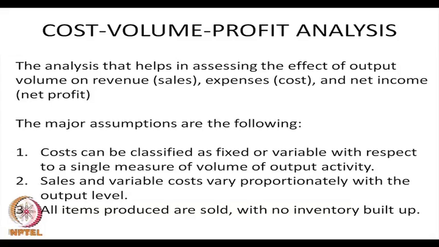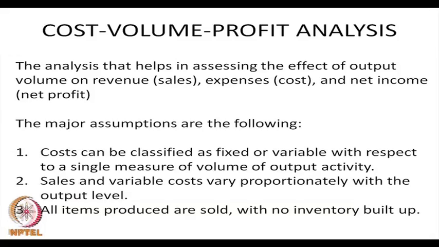Here we make certain major assumptions. One, that the costs can be classified purely as either fixed or variable with respect to a single measure of volume of activities. The second assumption is that the sales and variable costs vary proportionately with the output level.